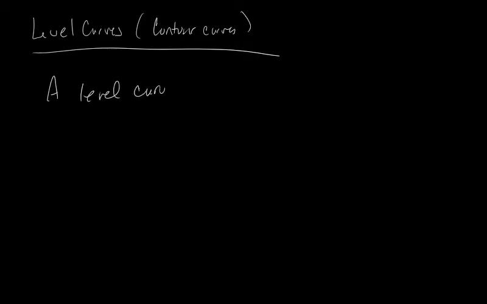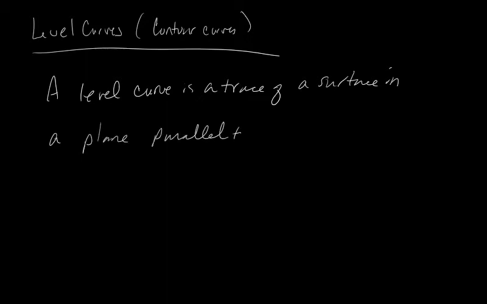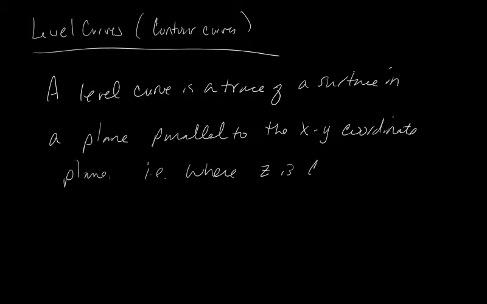So a level curve is a trace of a surface in a plane parallel to the xy coordinate plane. In other words, where z is constant. Okay, so that's what we're going to do. We're going to find the trace for this function given a constant z, and then we're going to sketch that.